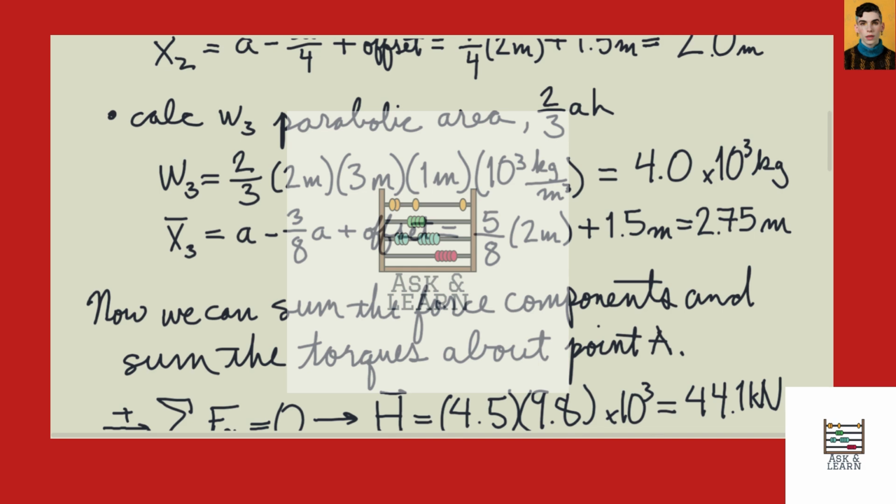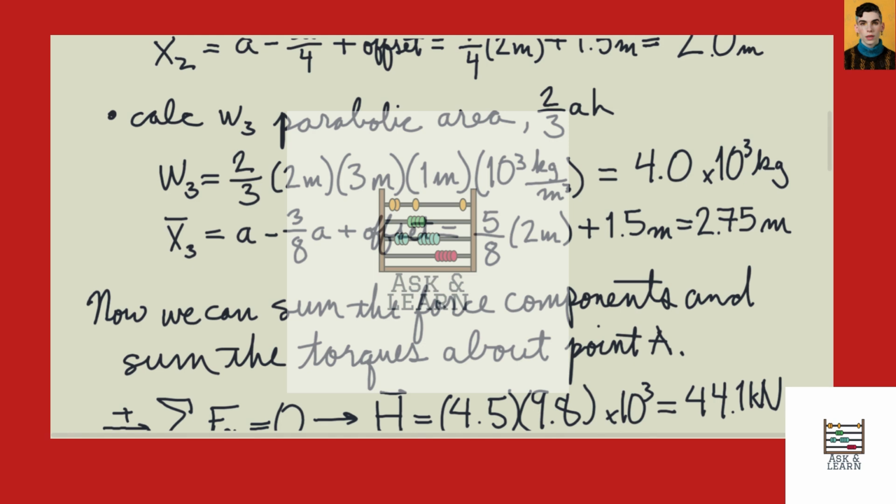Now finding the x location of that centroid, the formula is 3/8 times the total length of the horizontal span A, and we're going to subtract that from the full length of A because we're looking for the opposite side.